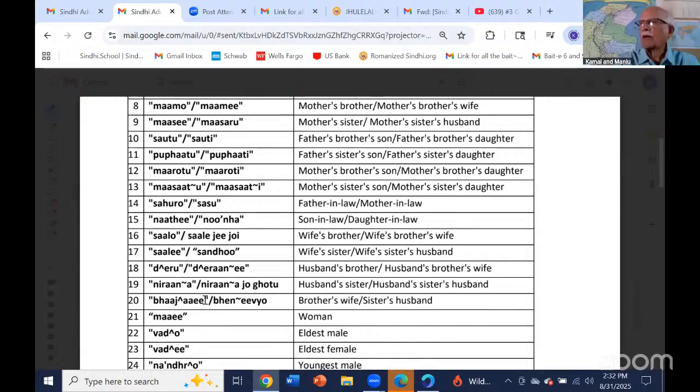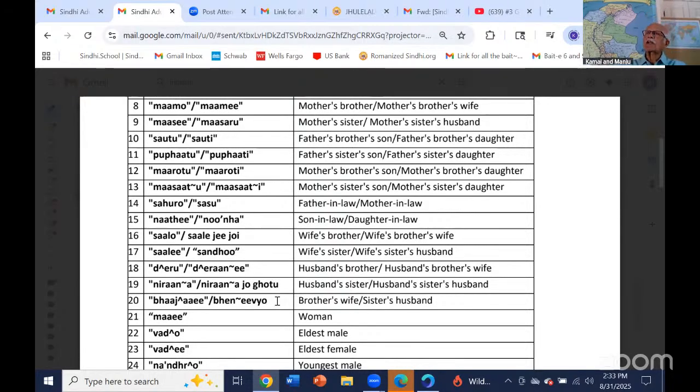Then that is your bhajai. Your brother's wife is your bhajai. And if you are a sister who is married, her husband will be bhenivyo. Bhenivyo.